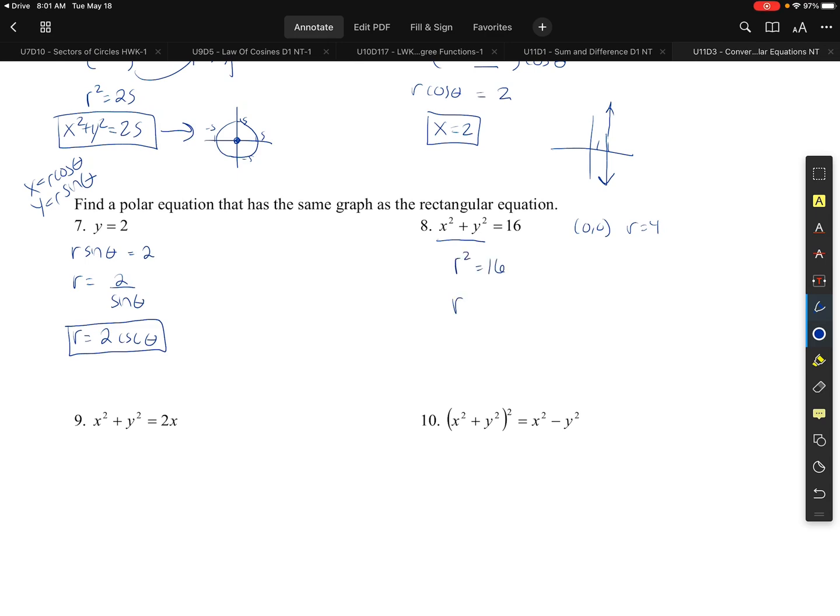R squared equals 16, r equals 4. Same equation, same graph, 2 different equations. All right. So there I got r squared equals 2x. What does x represent? R cos theta. Divide everything by r, r equals 2 cos theta.